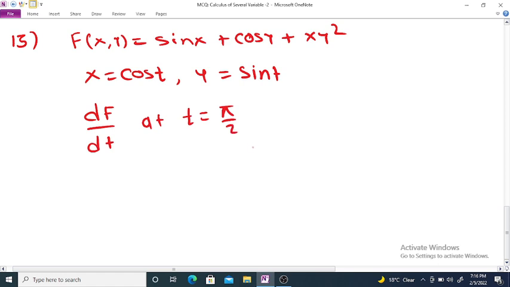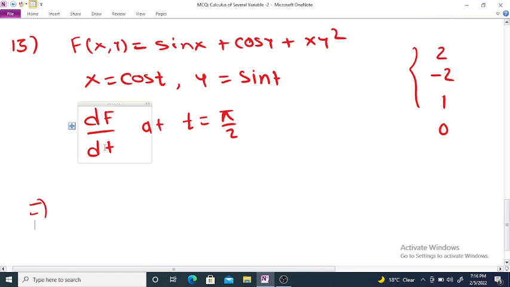The options given are 2, minus 2, 1, 0. So now here we want to use the chain rule, because f is a function of x and y, and x and y are functions of t.